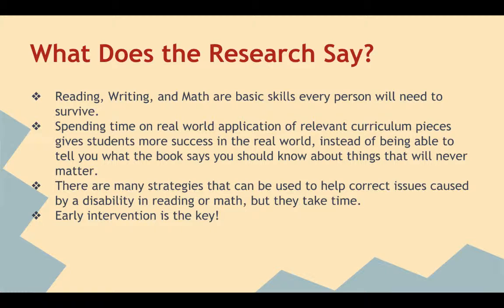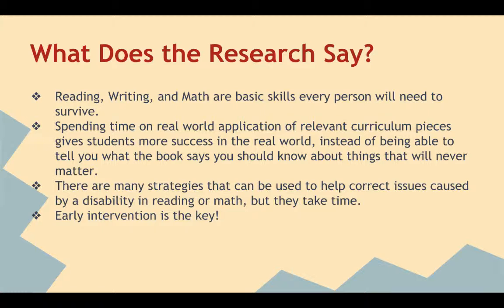There are many different strategies that can be used to help correct issues caused by a disability in reading or math, but they do take time. Some of these strategies might include flashcards, pre-reading, vocabulary increasing, lots of different ones. And they do take time to implement.